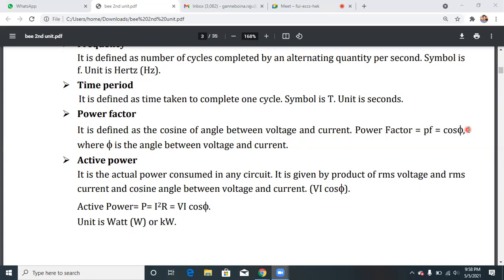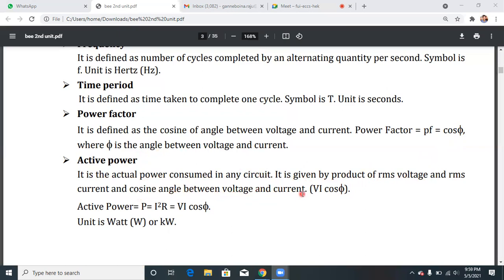Then coming to active power. It is the actual power consumed by any circuit. It is given by the product of RMS voltage, RMS current, and the cosine of the angle between voltage and current.